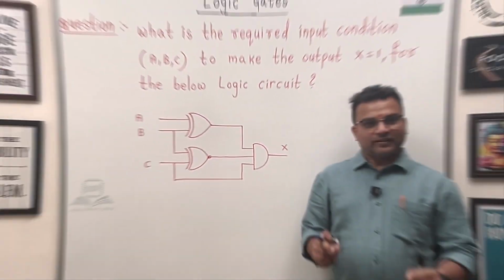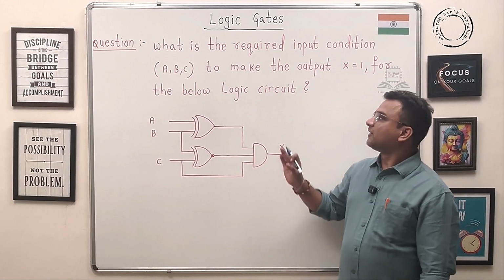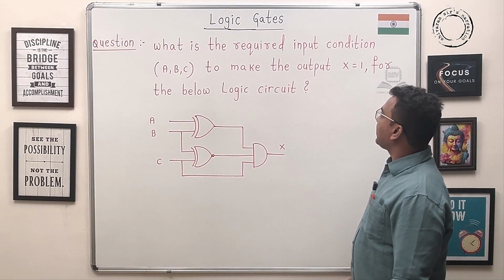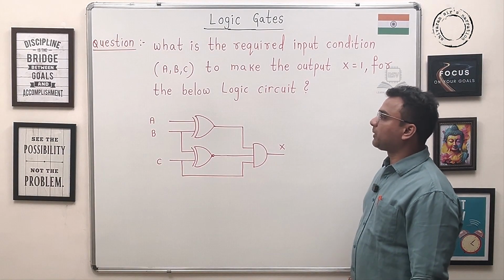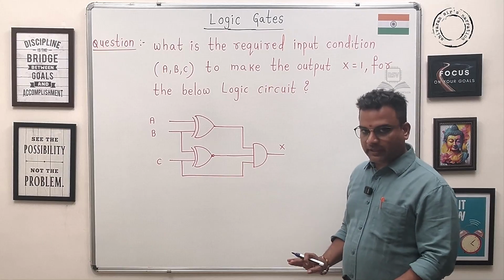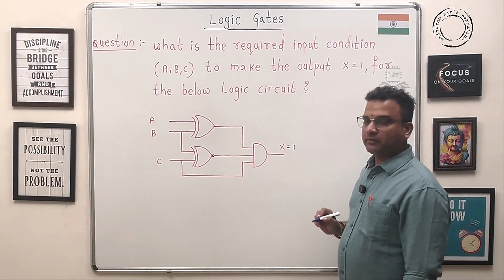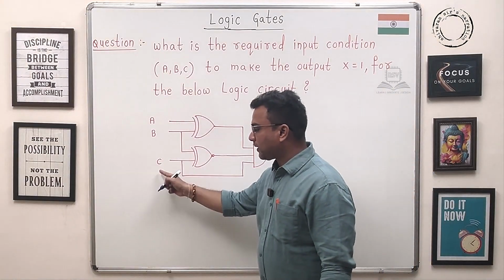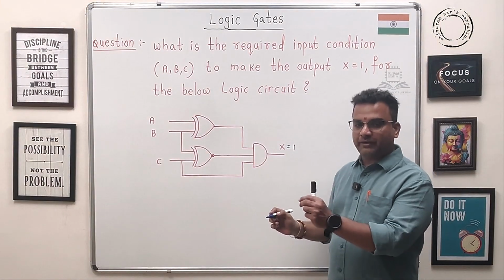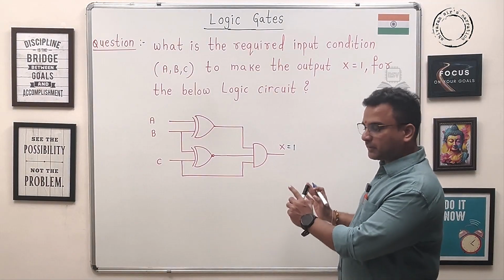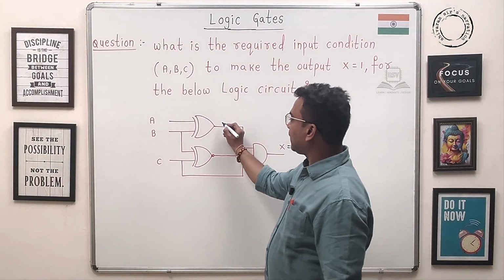Okay, let's see another model. What is the required input condition A comma B comma C to make the output X is equals to 1 for the below logic circuit? Here also the same. They are expecting the output to be 1. What are the input combinations? What might be the A value, B value, C value? That's it. Now guys, here as per the design, what is the expression?